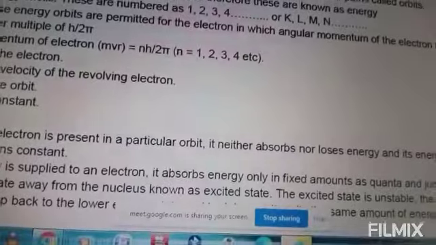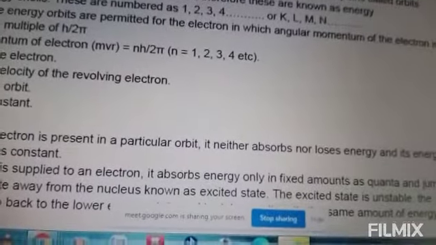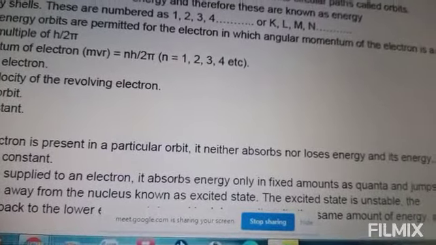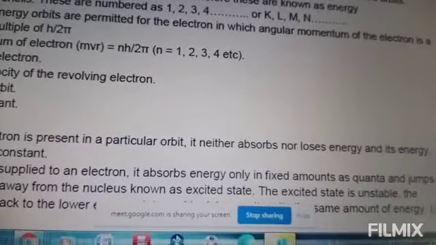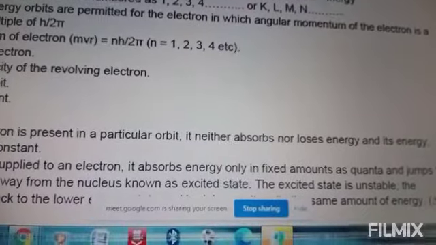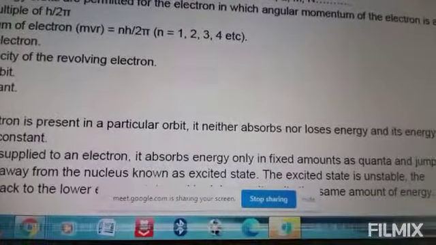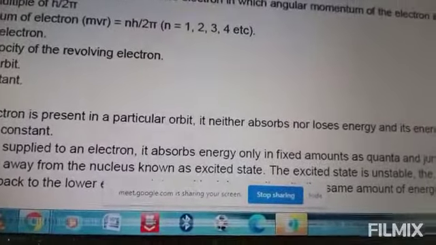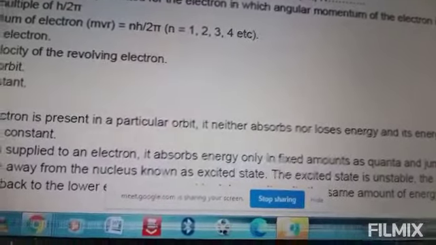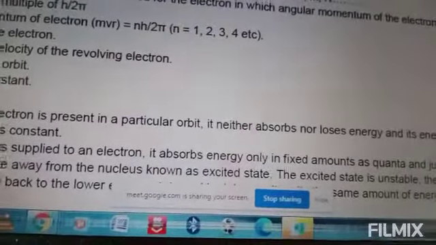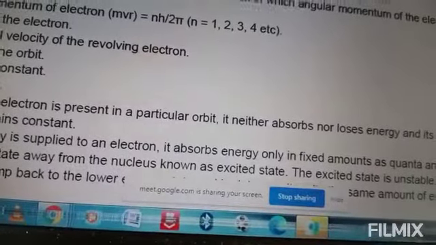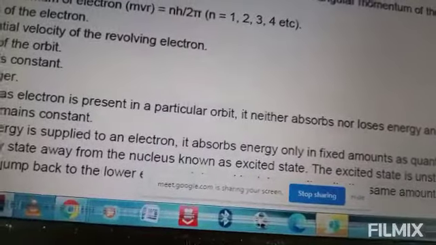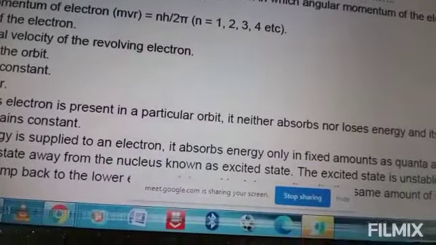The electron in this situation, associated with the stationary state where the principal quantum number n tends to infinity, is called an ionized hydrogen atom. That means the hydrogen atom becomes completely ionized when the stationary state tends to infinity.